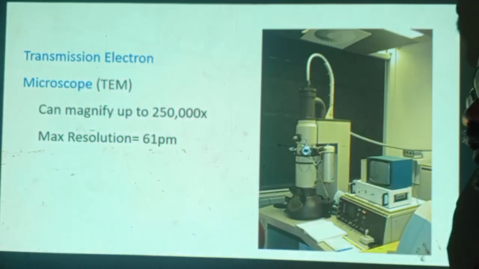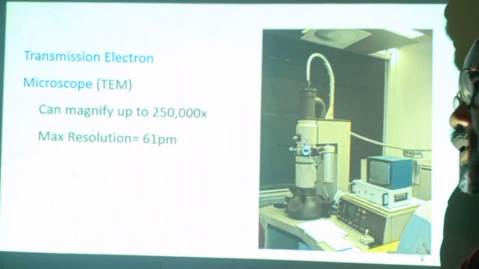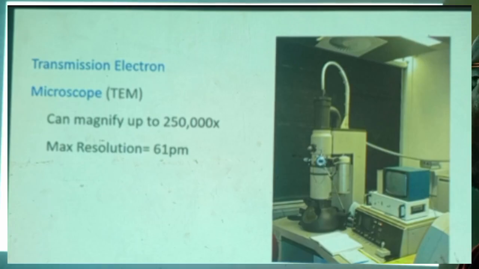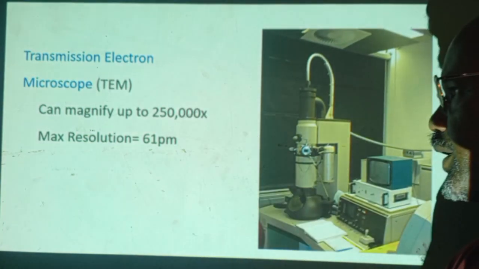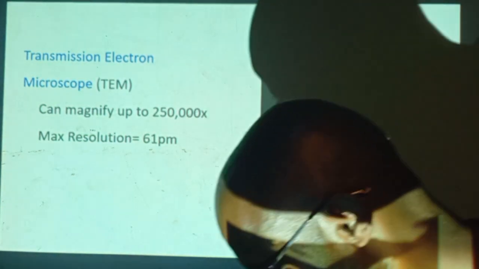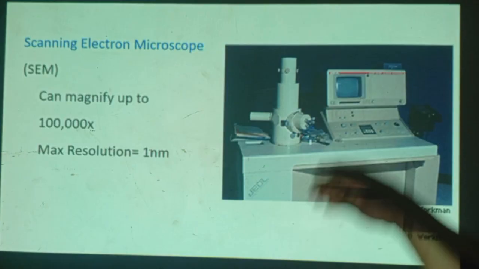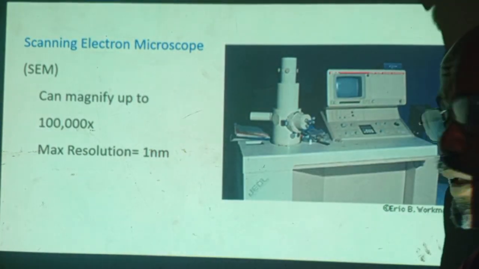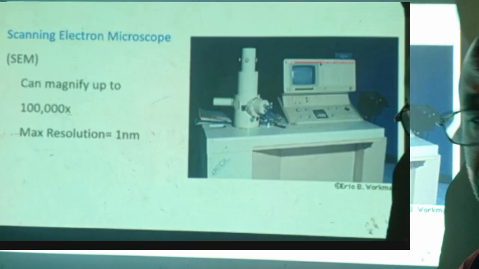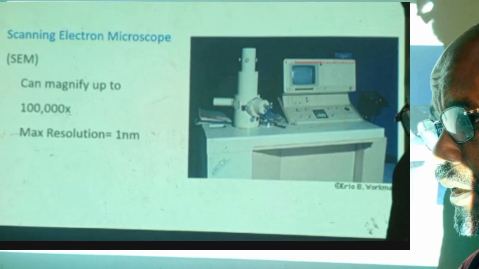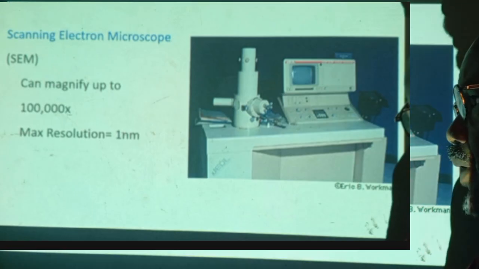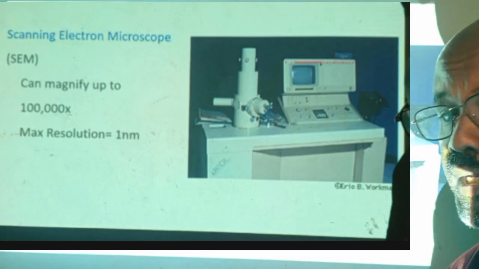This is simply magnification. How much the size has been increased? Imagine it's very huge, 250 times magnifying. This one is. Then the other type of microscope, the scanning one, has lower magnification and also lower resolution power. Resolution power is one nanometer.